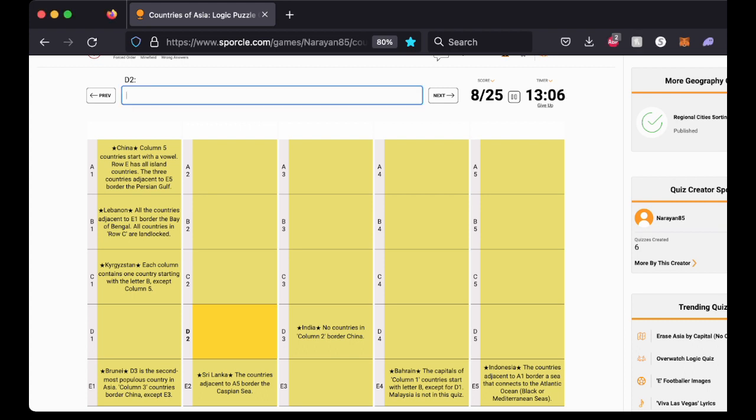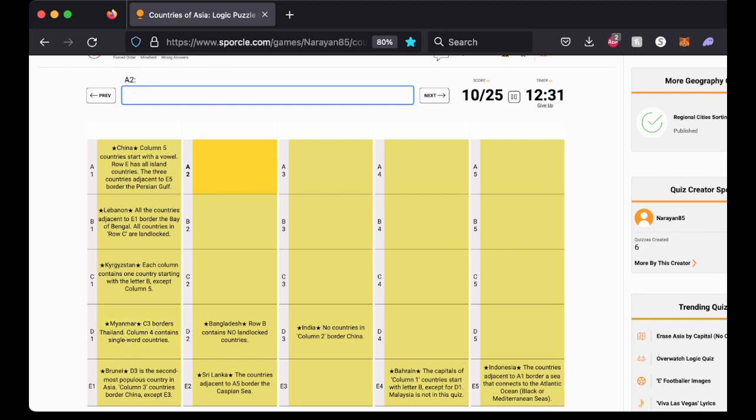Yeah, I guess it has to border, because essentially it's Bangladesh, maybe Myanmar. So D2, I'm going to say Bangladesh. B-A-N-G-L-A-D-E-S-H. Row B contains no landlocked countries. Okay. So then D1, I have to think that's Myanmar, because Myanmar also borders the Bay of Bengal, so Myanmar.